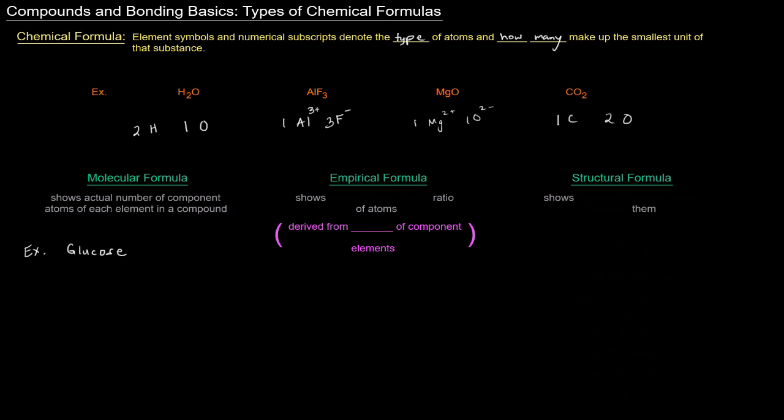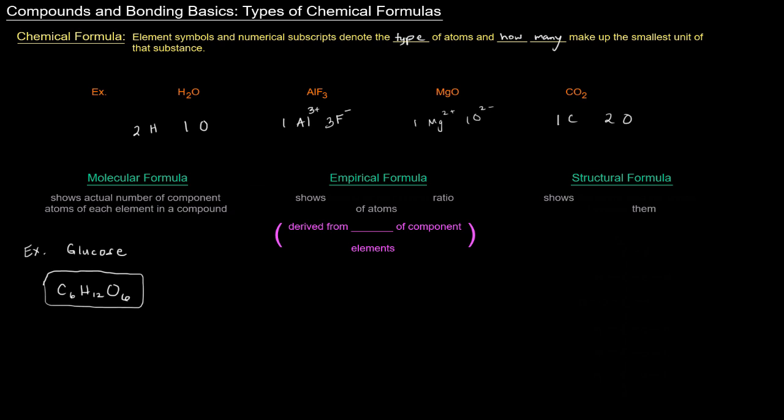That shows me the actual number of component atoms of each element in the compound. So in 1 molecule of glucose, I have 6 carbons, 12 hydrogens, and 6 oxygens. And so this is the molecular formula of glucose, right here. That's the molecular formula.